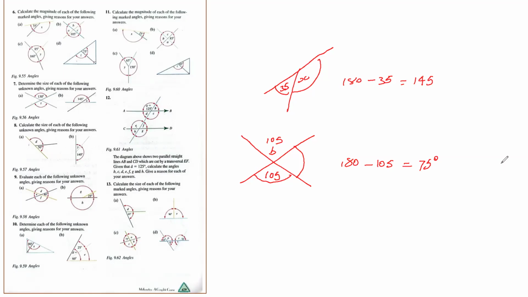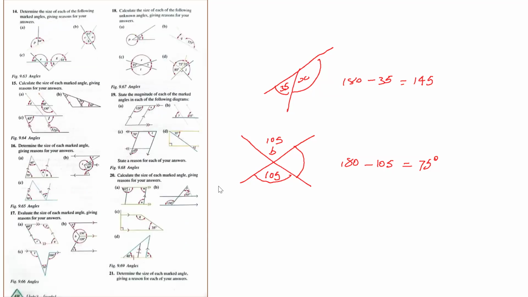So what I'm going to do, you are going to do for me A and C for numbers 6, 7, 8, 9, 10, 11, 12, 13, and 14 and 15 as well. Let's just change the page.